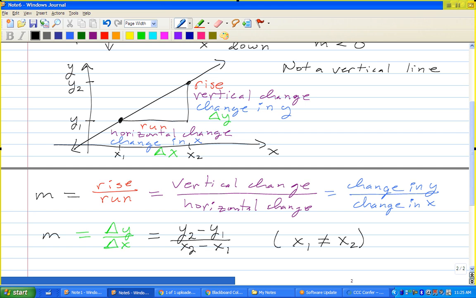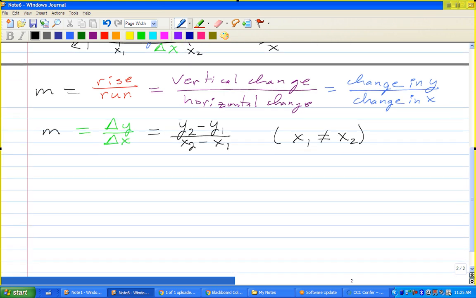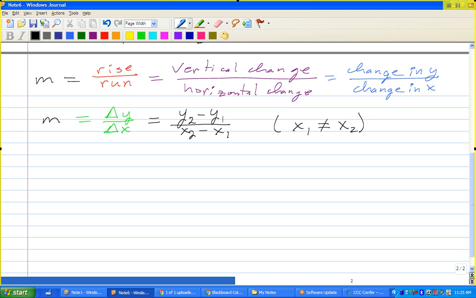So note the following. The slope of a vertical line is undefined. So in these above definitions, I only gave you slopes for non-vertical lines.